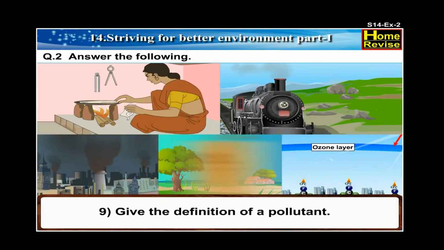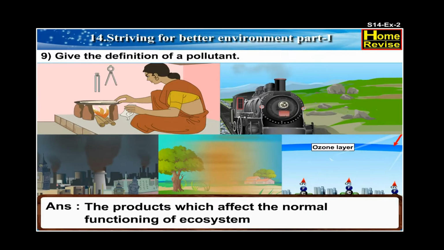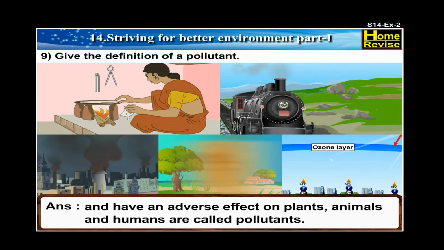Nine. Give the definition of a pollutant. The answer is the products which affect the normal functioning of ecosystem and have an adverse effect on plants, animals and humans are called pollutants.